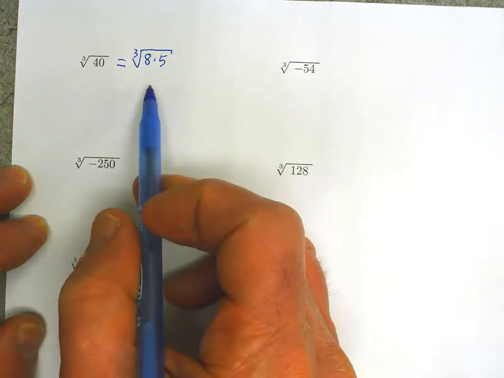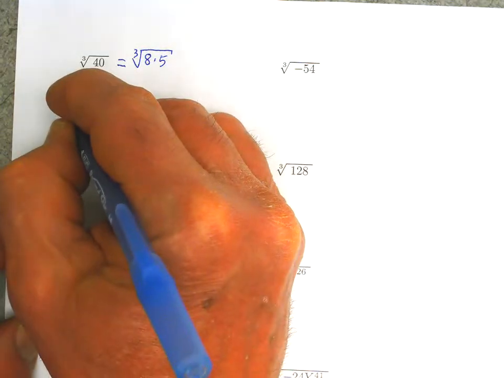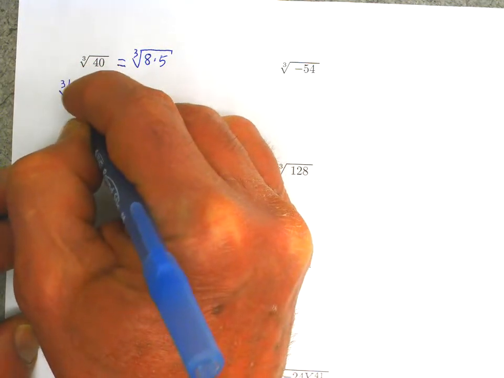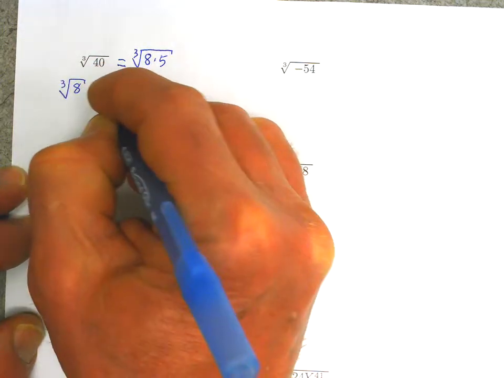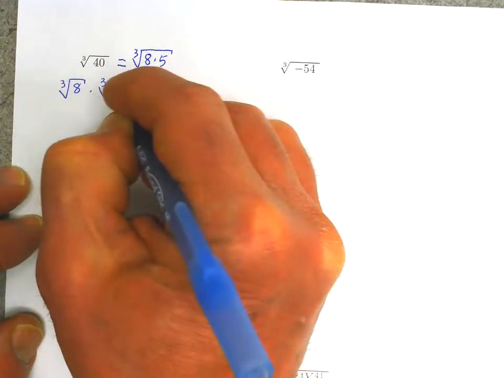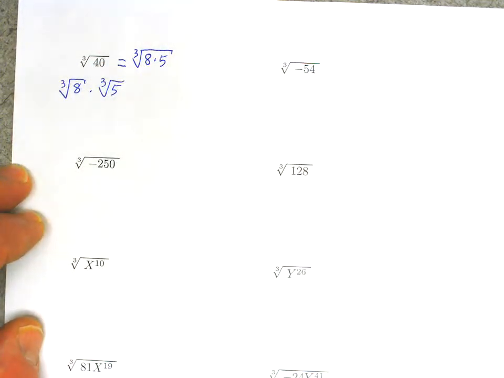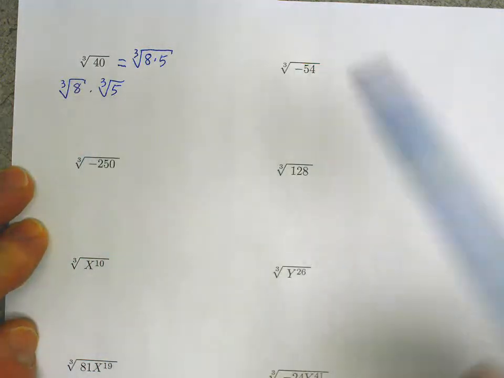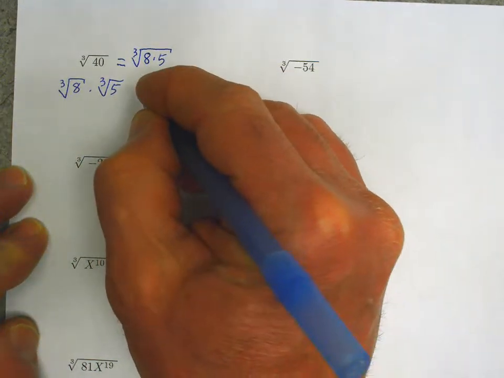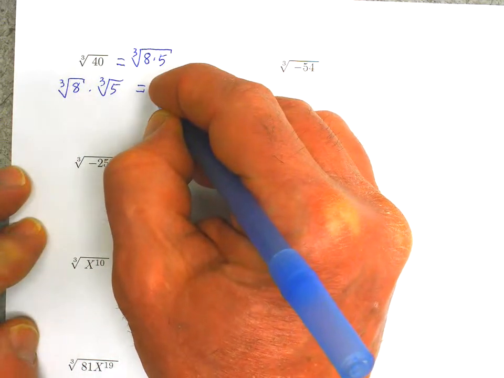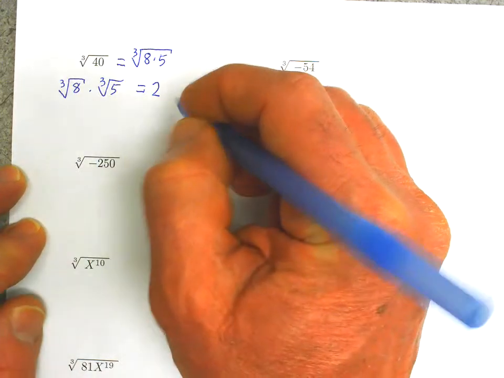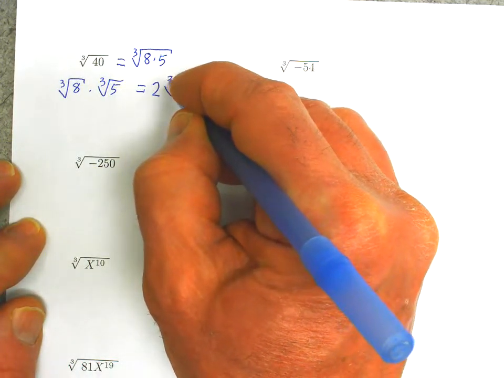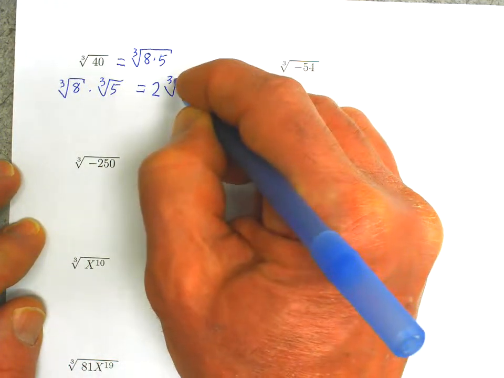And then the cubed root of 8 times 5 can be written as the cubed root of 8 times the cubed root of 5. And then the cube root of 8 simplifies to 2. So our final simplified answer is 2 times the cubed root of 5.